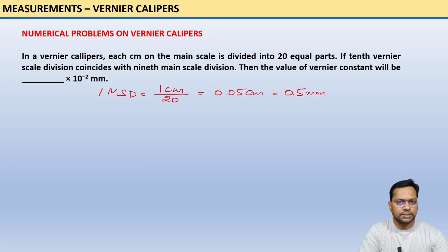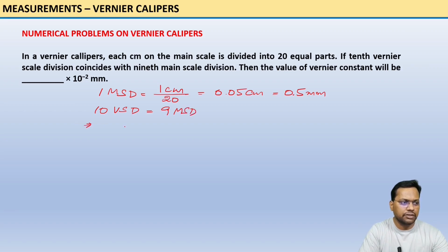Okay, what else is given here? 10th Vernier scale division is coinciding with the 9th division on the main scale. Therefore, 10 Vernier scale divisions is equal to 9 main scale divisions.